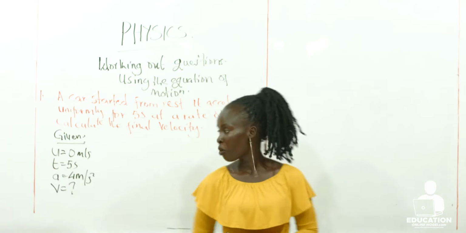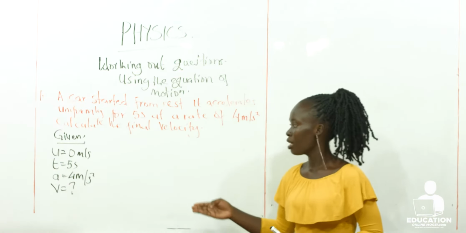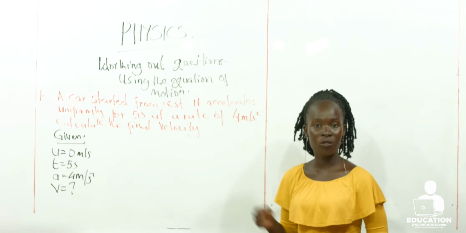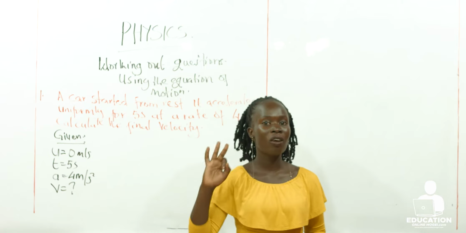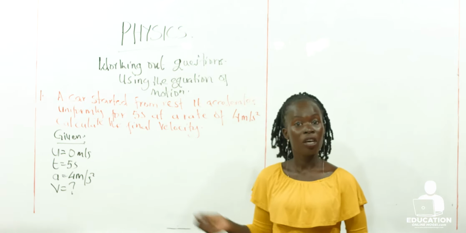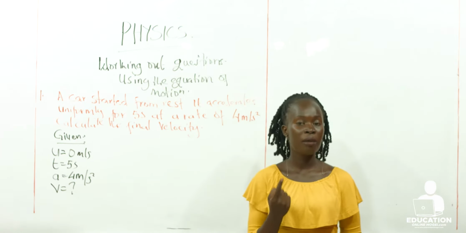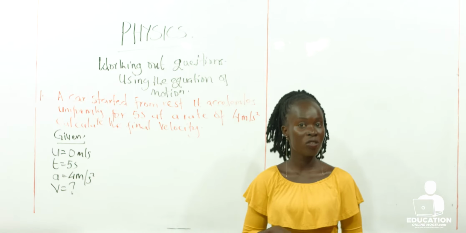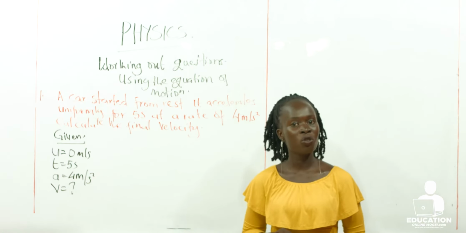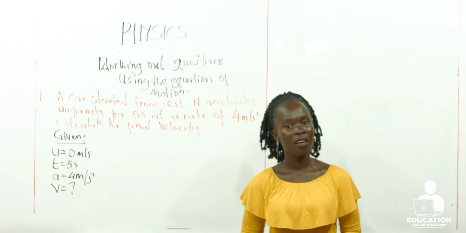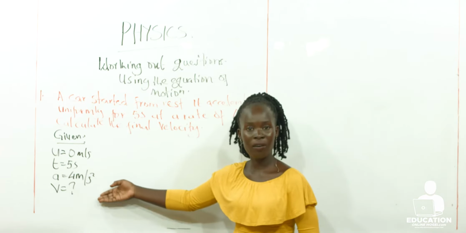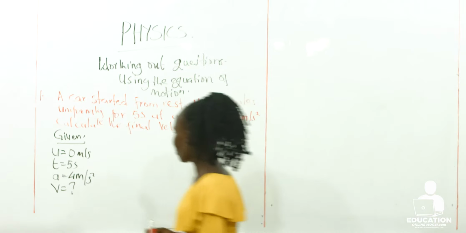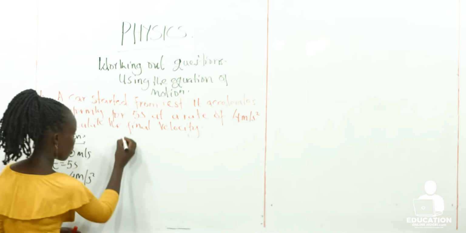If you want to work this out, remember we are using the equations of motion, and there are 3. You cannot use all 3 at the same time. You need to choose one and be wise as you're choosing, because you might choose one which doesn't have an element in the question. So let's take a look at our equations of motion. Let me put them on this side.